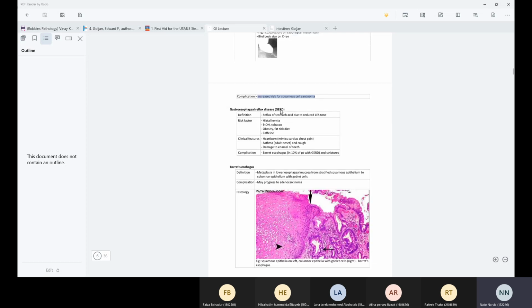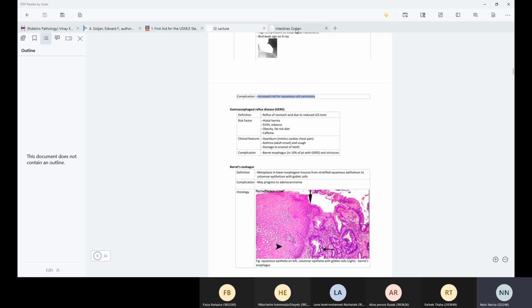GERD, that is also not that uncommon, you know. Usually you find it in fat people who eat a lot, okay, drink a lot. It has risk factors as well: hiatal hernia, alcohol, tobacco, obesity, and caffeine. From this, actually, important is hiatal hernia.